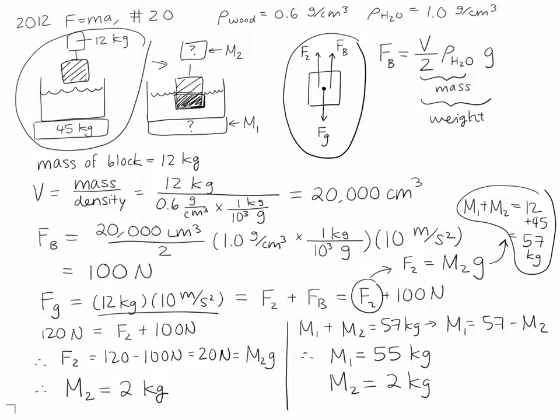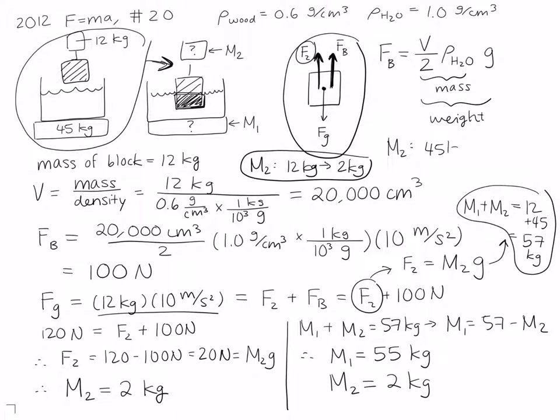Now let's consider if this makes sense. M2 has gone from 12 kilograms to 2 kilograms, which means it has gotten lighter. This makes sense because instead of solely supporting the block with the spring, there's also an additional buoyancy force that helps lessen F2.